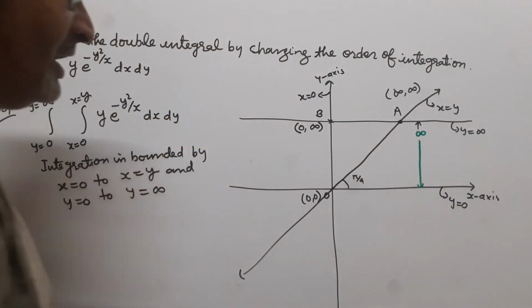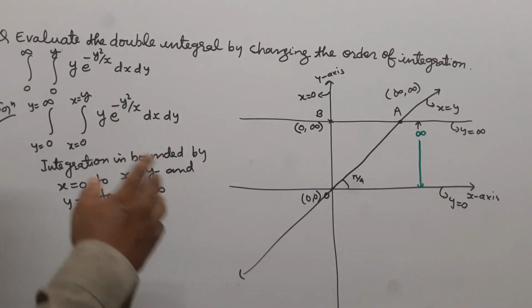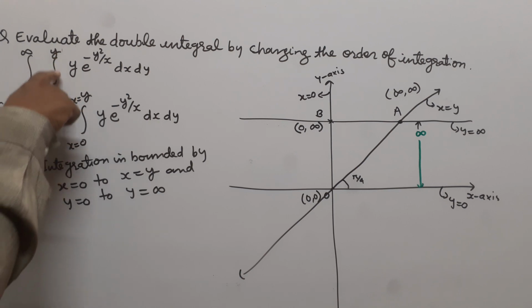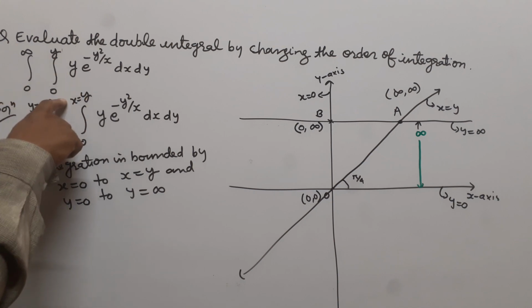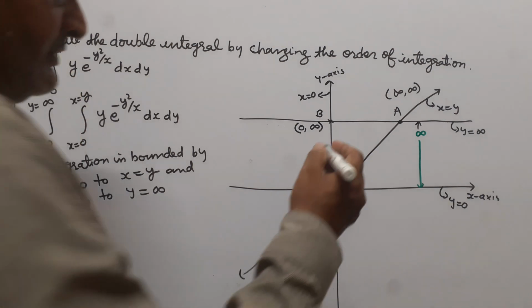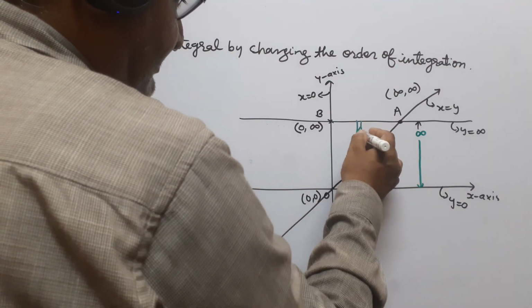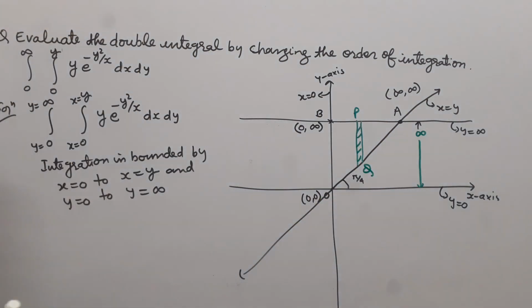Now we have to change the order of this integral. On the right side this limit is a function of y. So when we change the order of the double integral, we take the strip parallel to the y axis. Suppose this is the strip PQ parallel to the y axis.